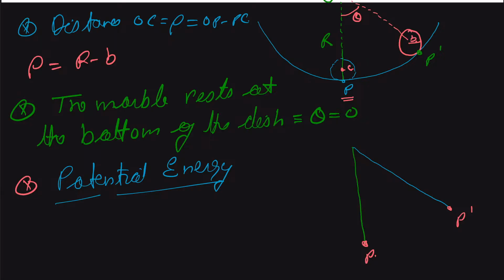And let us also draw the point C. So this is C, and it is going to move like this. So therefore C is also going to follow the same path. So this is the center of the marble. Okay. And this is point O, and we have angle of theta. And we can just draw this as our horizontal plane.